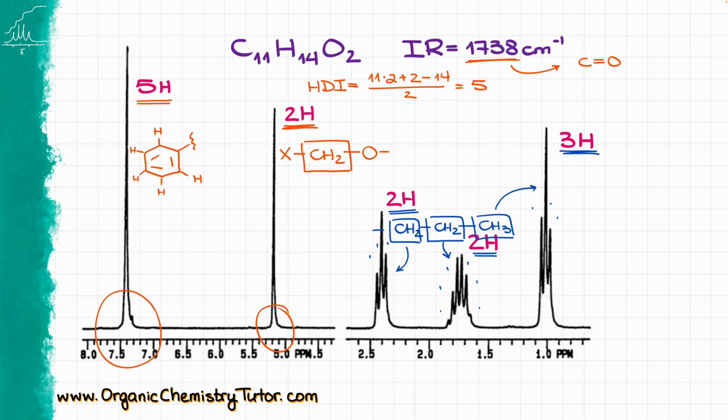So this CH3 is here, the middle CH2 is in the middle, and that CH2 is on the left. Now, looking at all of my building pieces, I'm actually going to list them on the right side over here. I have the aromatic ring, so I will draw that like this. Then I know that I have CH2 and an oxygen.